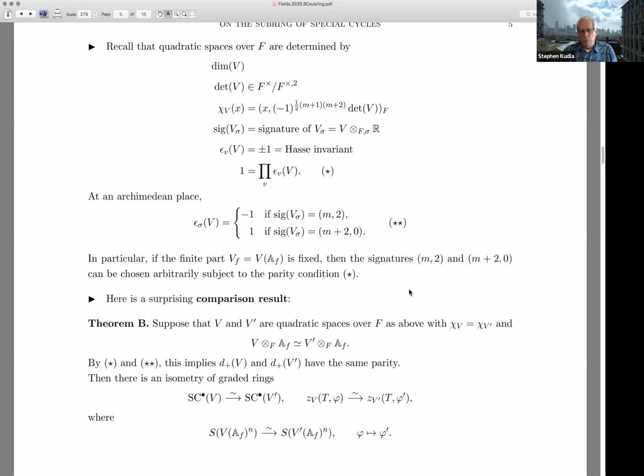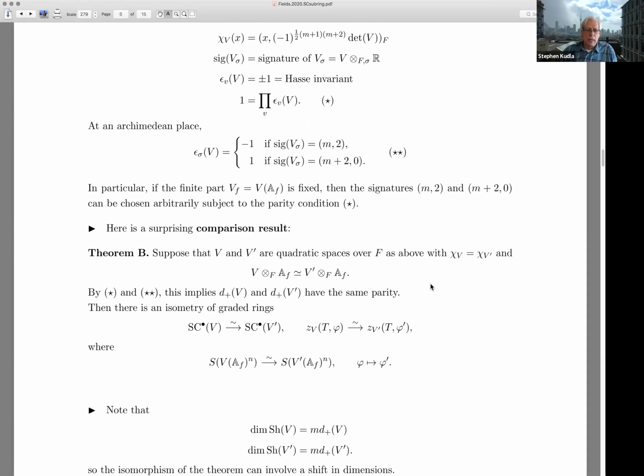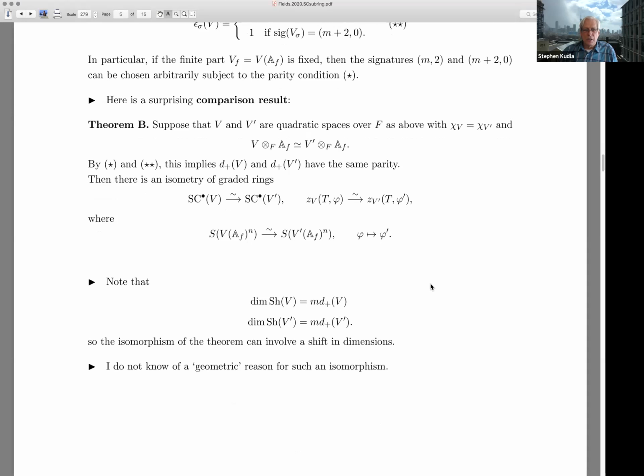In other words, the parity of the number of (m, 2) places is fixed, that's all. And you can vary as many as you like, so you can either take none of them or two of them, et cetera, and so on. So anyway, you see there are lots of quadratic spaces with a fixed finite part with a wide-ranging variety of signatures.